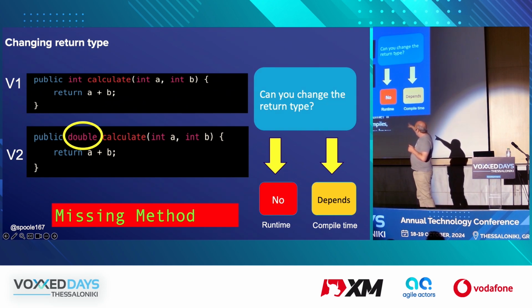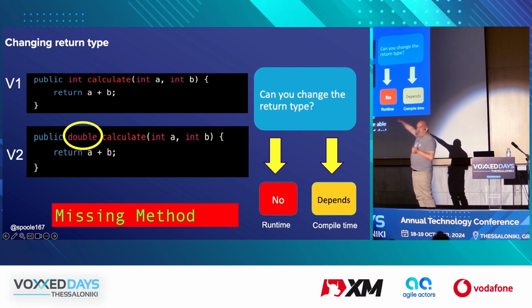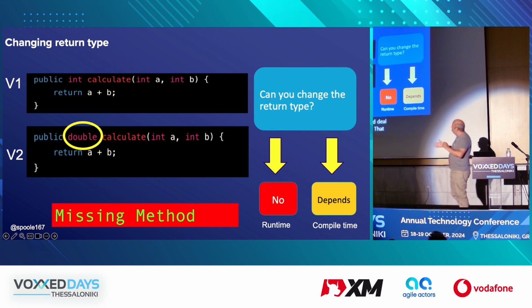At runtime, it will fail. At compile time, you may get away with it, because the compiler is good enough to finesse these differences and deal with it for you. But at runtime, that method has disappeared because the signature of the method that it's looking for includes the return type, and now you've changed it. So that method no longer exists as far as the runtime is concerned. It is a completely different one. You could have renamed the method and it would have made no difference.